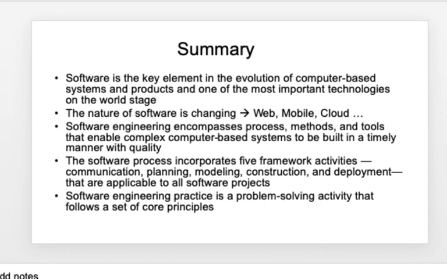Then the software process incorporates 5 framework activities, namely communication, planning, modeling, construction, and deployment, and this is applicable to all software projects irrespective of size or complexity. And lastly, software engineering practice is a problem solving activity that will definitely follow a set of core principles.